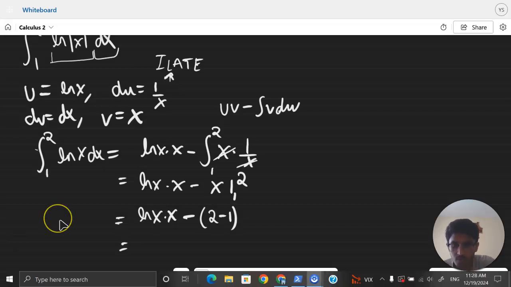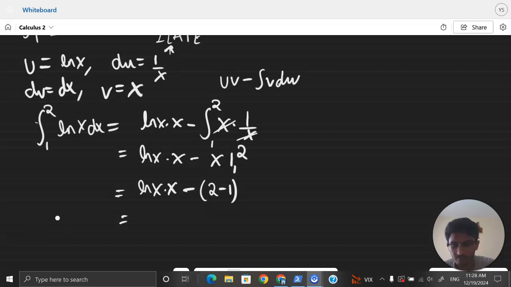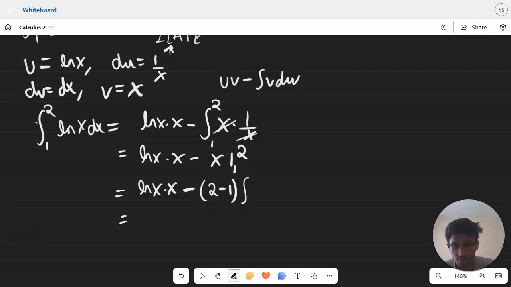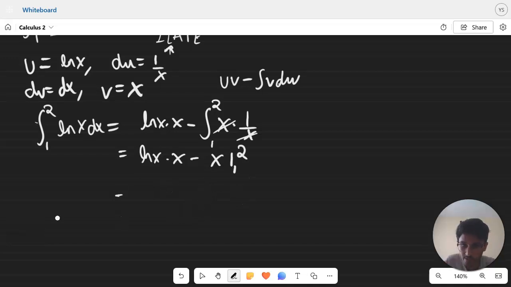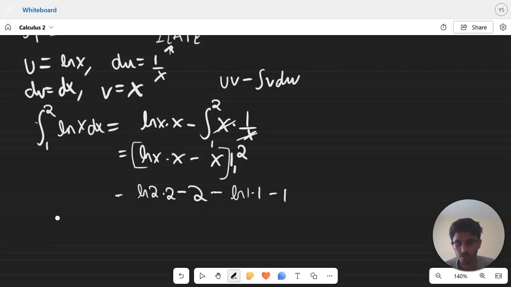We've got to do the bounds for the whole thing, not just for x. Okay, so it's going to be ln of 2 times 2 minus 2 if we plug in the 2. Since we figured out the integral over here, minus ln of 1 times 1 minus 1.